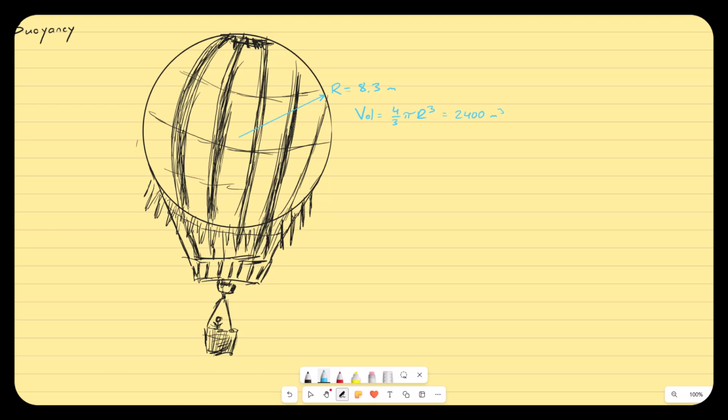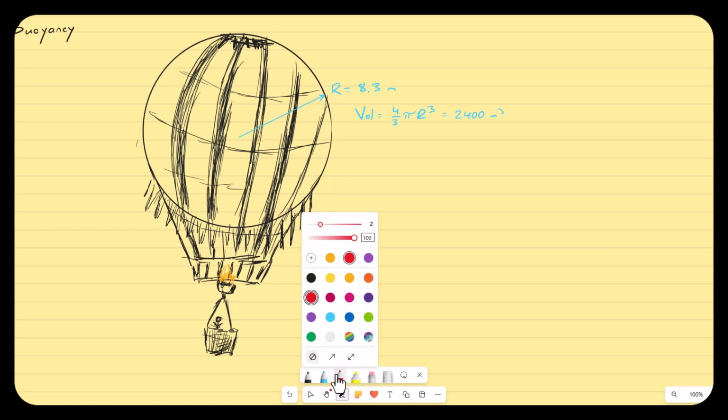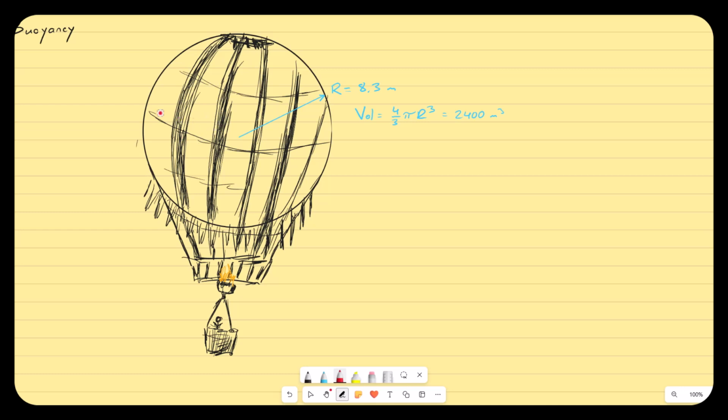So a hot air balloon works like this. We have fire right here, and that's going to heat up the air inside the balloon. Because the air inside the balloon is heated, the particles of air want to move faster.